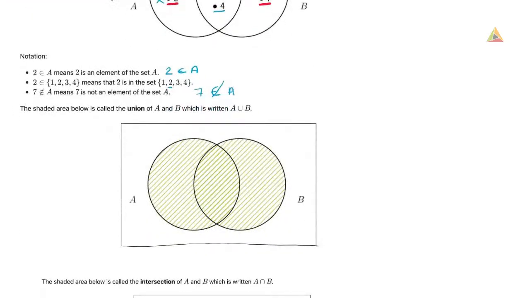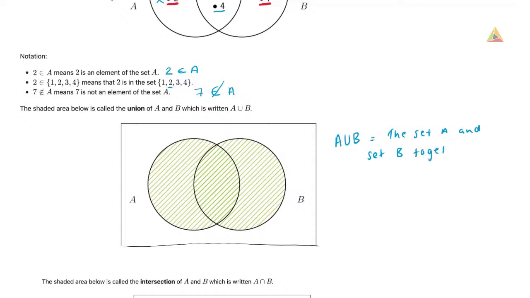Okay. If we look at the shaded part of the next diagram here, the shaded area below is called the union of A and B, and it's written as A union B. That means the set A and the set B together.